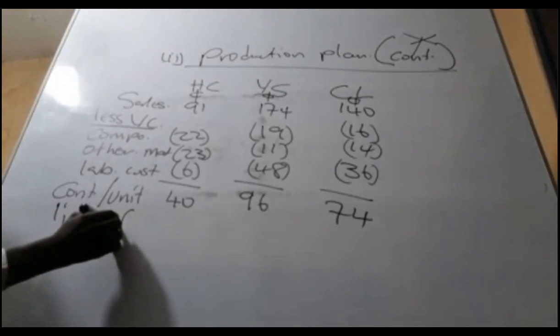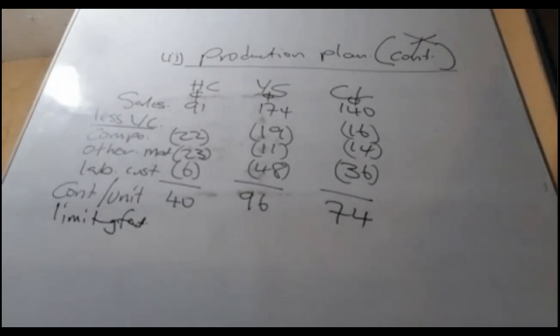Or if we like, we can name it machine type 1, because we know that is the limiting factor.